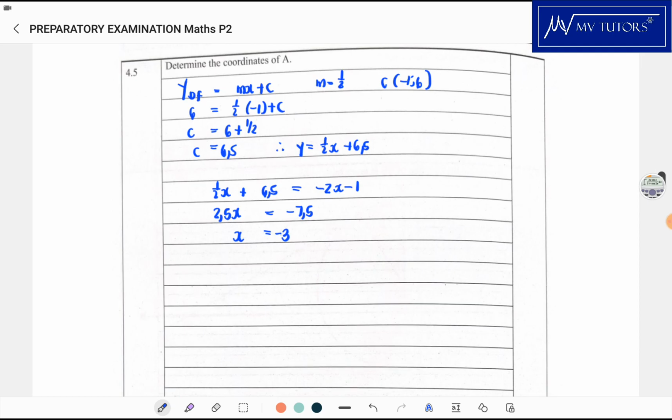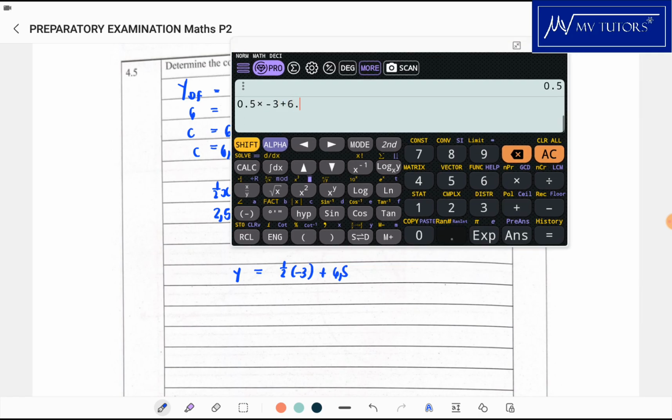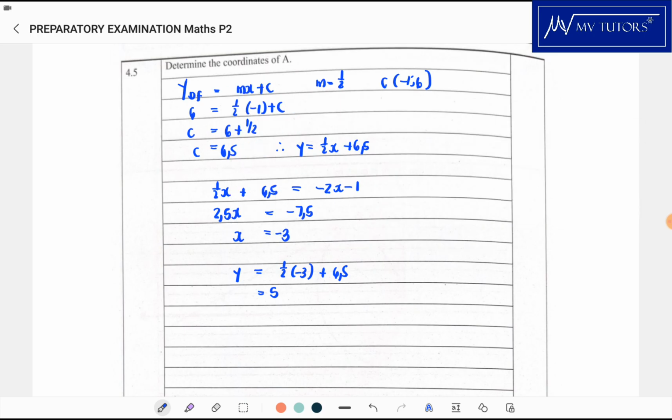But we can say y is equal to a half x plus 6.5. So we have 0.5 times -3 plus 6.5. So that is 5. Y is 5. All right. Therefore, A is (-3, 5), and thus that makes sense.